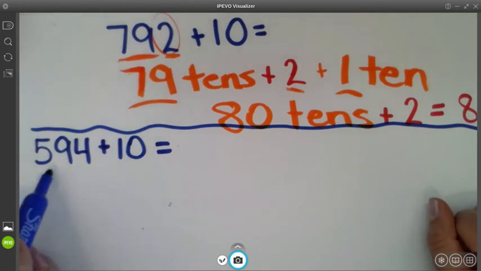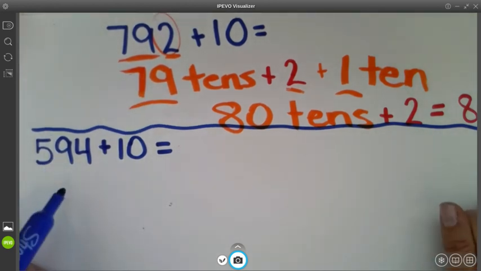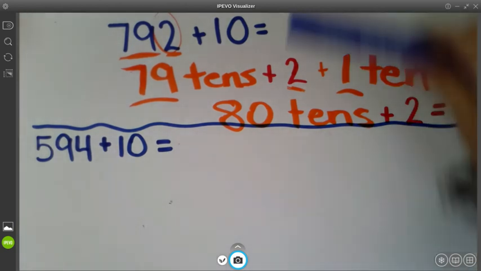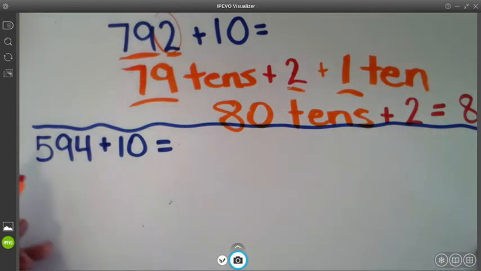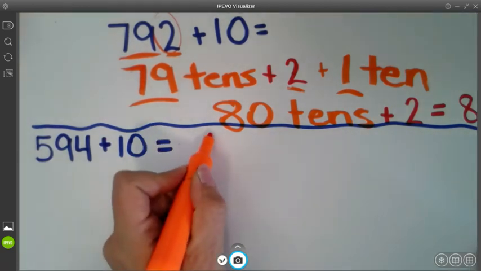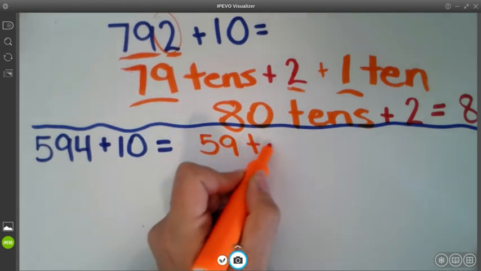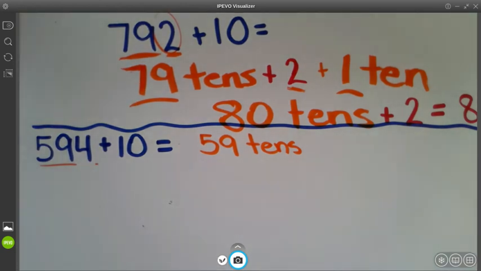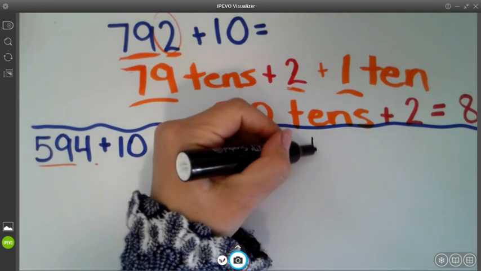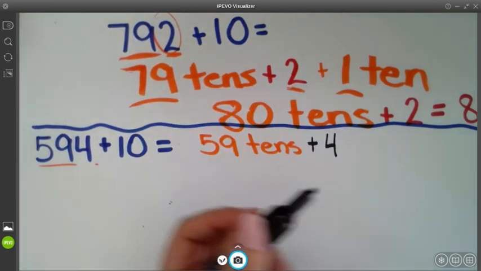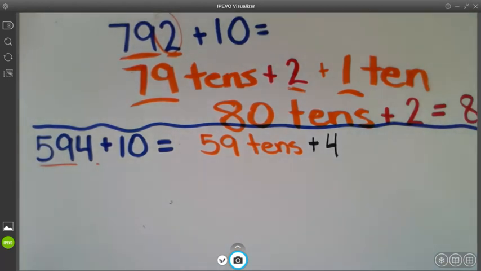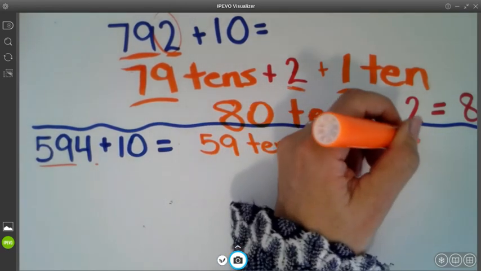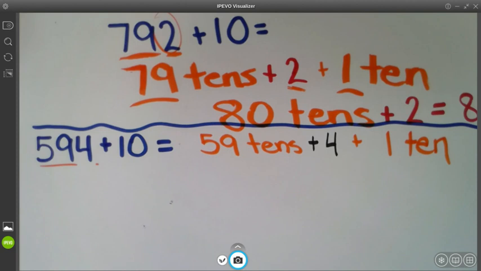Okay, so we know that we can't just do it again. We're at that 90, so we can't just add 10 the way we couldn't mentally last time. But what we can do is say, you know what? 590 is the same thing as 59 tens, plus 4. So we have 59 tens plus 4, and we're adding 1 ten.